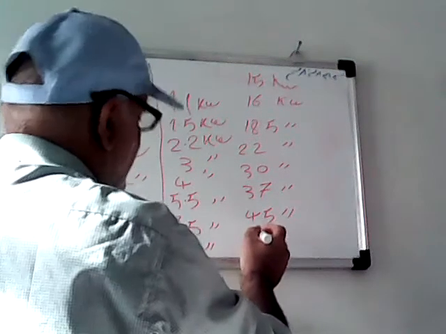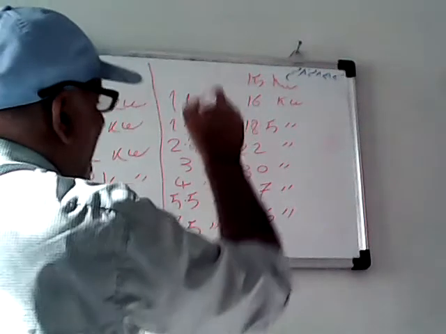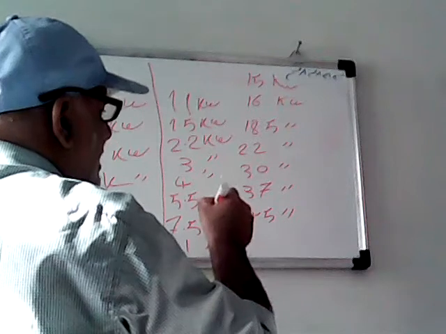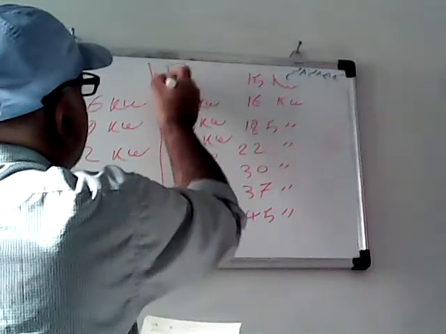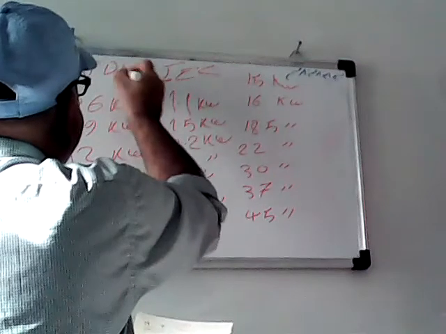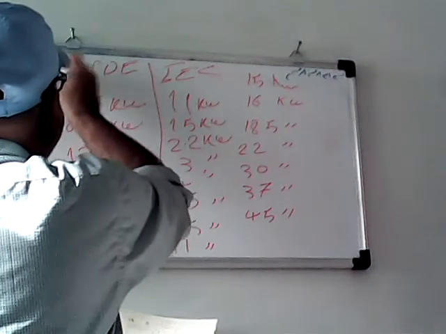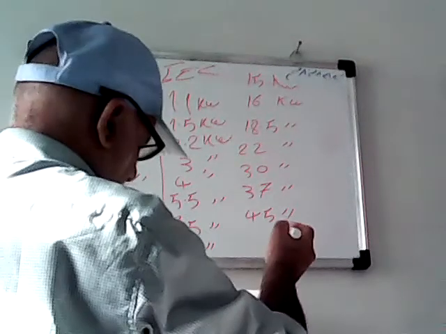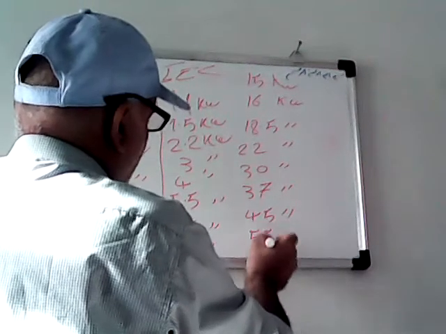They are the ratings of electromotors according to the International Electrotechnical Commission IEC, and also VDE, and also the European norm, the European standard. 45, 55.